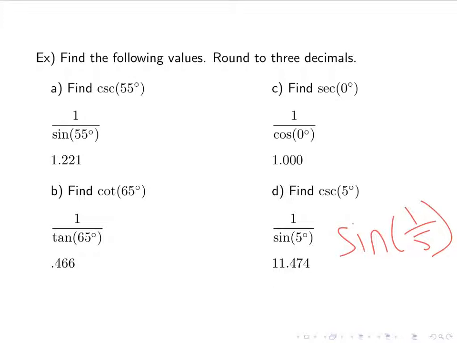So that should be a big sign. If you are getting something smaller than 1, you probably did something like this, which again, you can't do because you cannot do sine of 1 over an angle, right? It has to be sine of an angle.